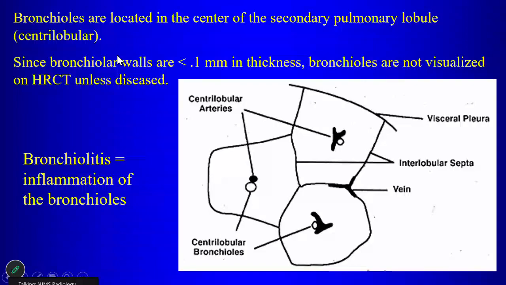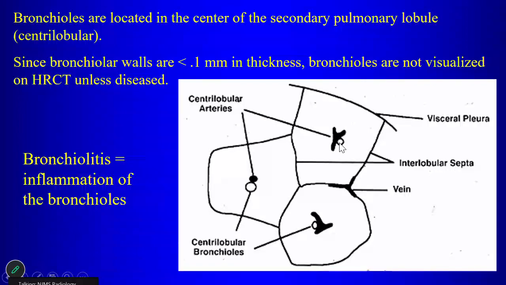So bronchioles are located at the center of the secondary pulmonary lobule. The secondary pulmonary lobule is outlined by these interlobular septae. And then right in the middle, we have the central lobular bronchiole. These bronchiolar walls are very thin. They're less than 0.1 millimeter in thickness.